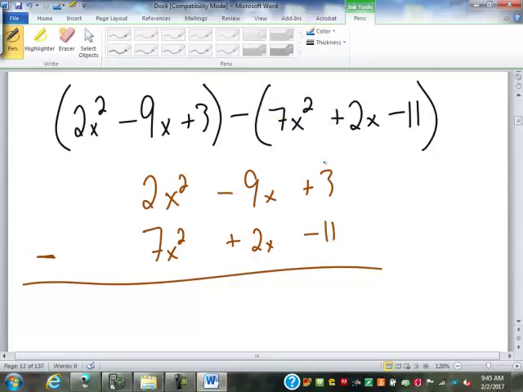I'm going to warn you before we get started, be very, very careful with these. This is 3 minus a negative 11. I usually write it off to the side so I make sure I'm seeing it right. That is 3 minus a negative 11. Now remember, that becomes 3 plus positive 11. Okay? So 3 plus 11 is 14. So it's positive 14 plus 14.